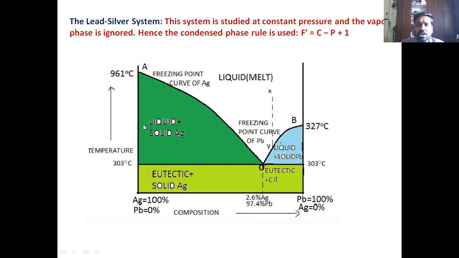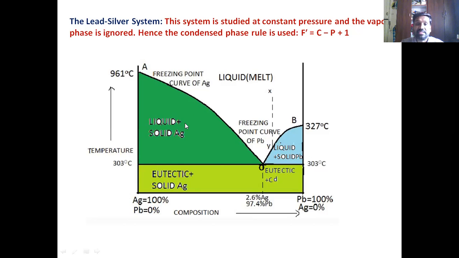See, in our previous examples, water and sulfur, every area represented a single phase. But in this, although this is AO and some letter maybe X here, so AOX, this is of course an area in the phase diagram. But unlike the water and sulfur system, this area is not composed of a single phase.